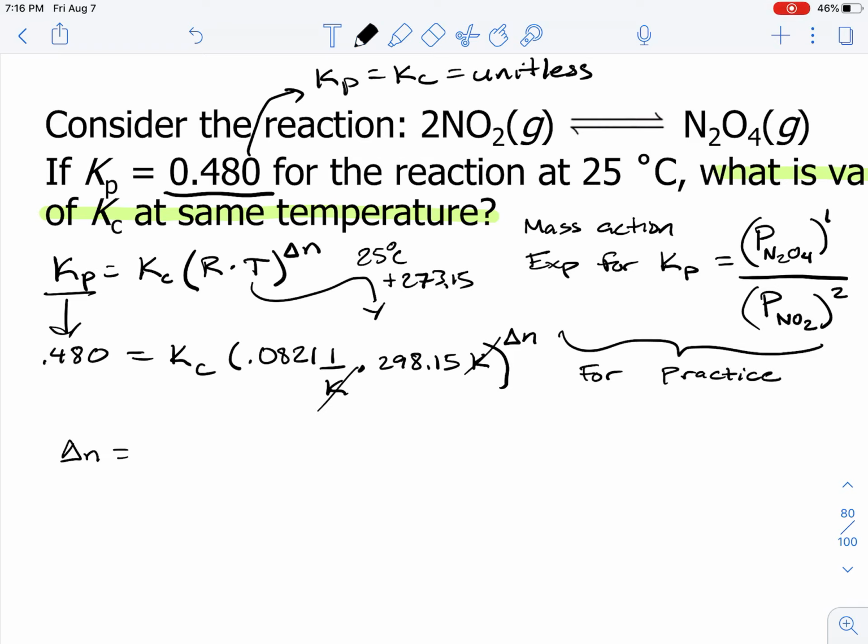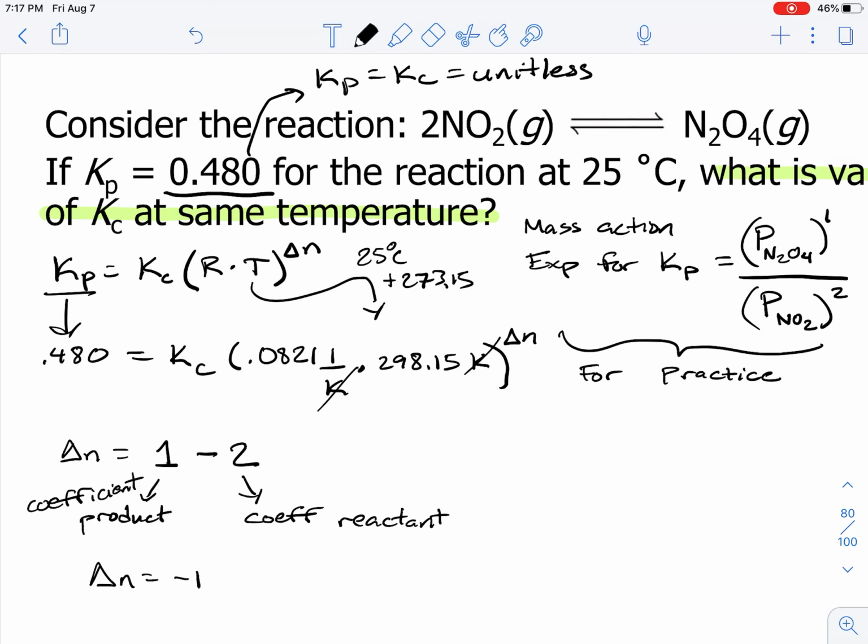And so it's going to be 1 minus 2. Okay, so this is going to represent the coefficient of the product and coefficient of the reactant. So the coefficient of the product and the reactant can represent the moles of gases. And so it turns out that delta N is going to be -1.